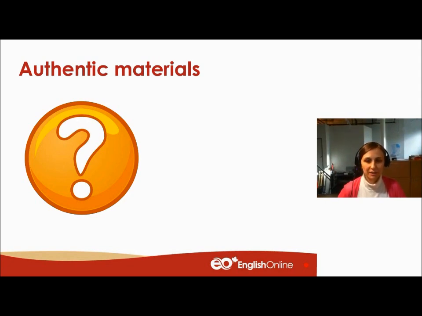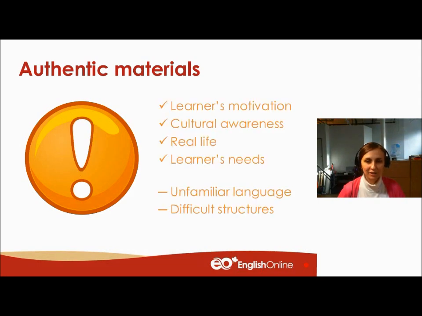The definitions of authentic materials are slightly different in literature, and what's common in all these definitions is the exposure to real language and its use in its own community.